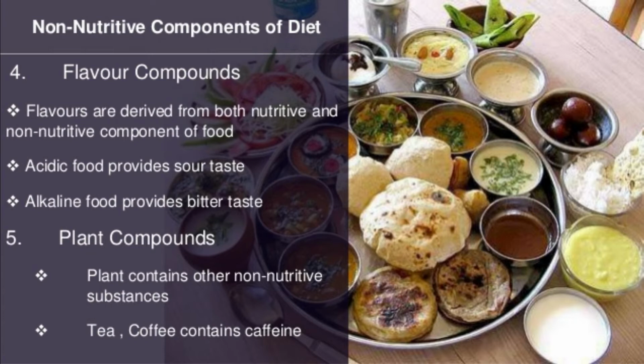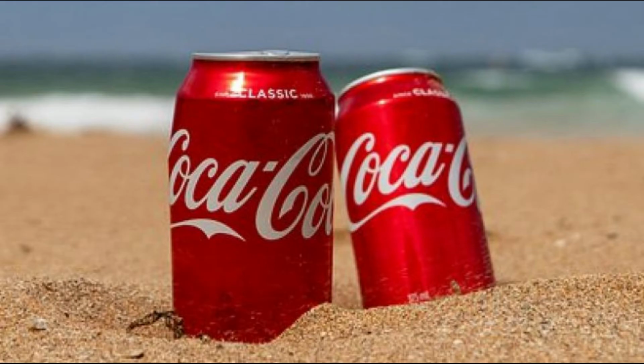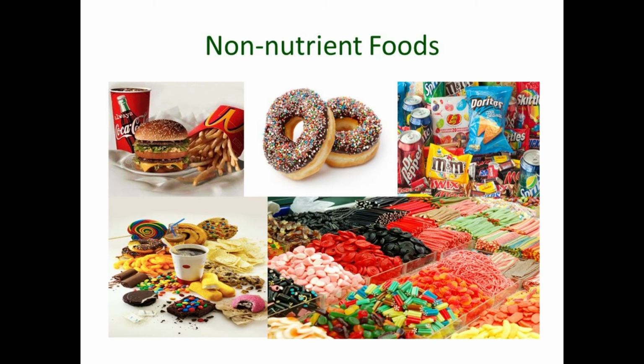Examples are coloring in the food and flavor substances in the food. Fiber and water are those components which do not provide energy or calories, and they are called non-nutritive food components. Food is therefore a complex mixture of different nutrients and non-nutrients.